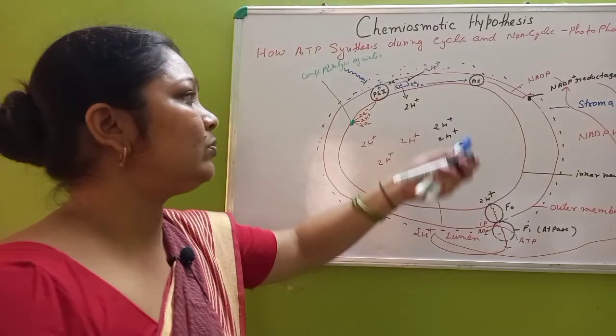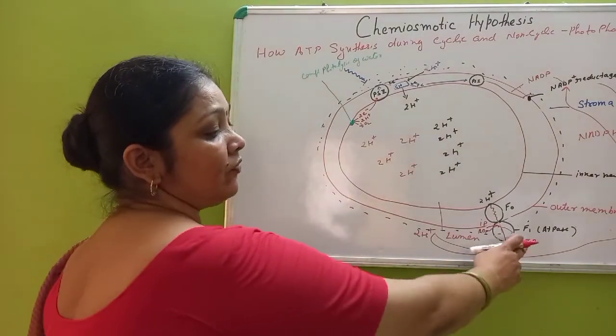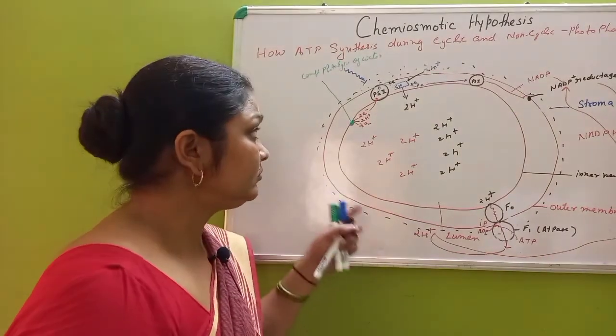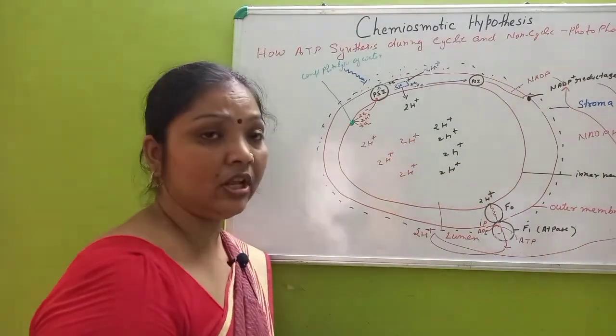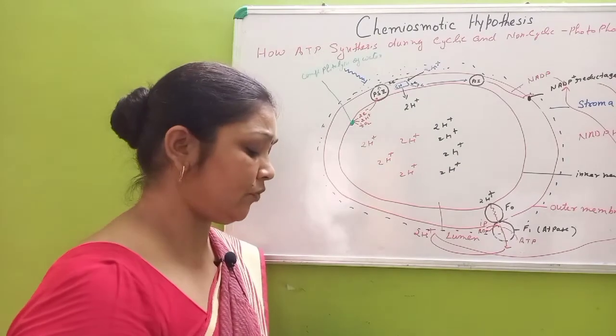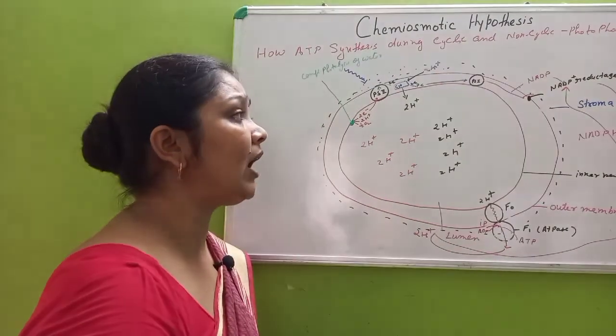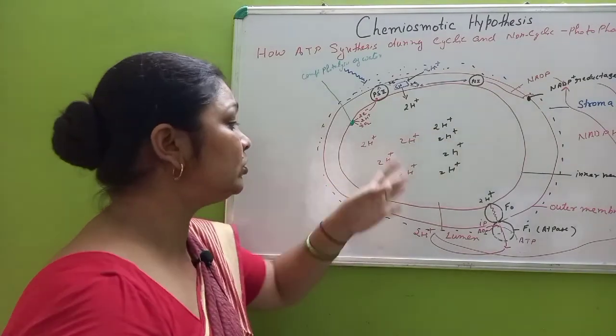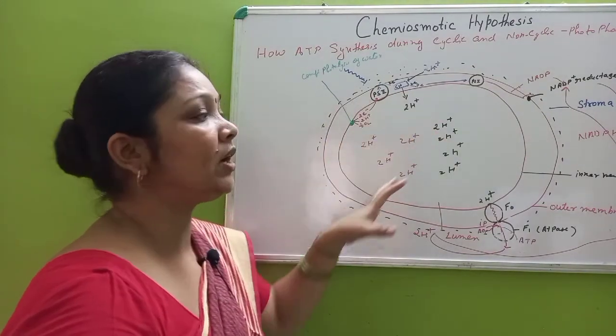This is the process that will occur. Actually, the formation of ATP occurs in this manner, and this is the original process by which the formation of ATP occurs, and how the reduction of NADP occurs, and how the process will continue.